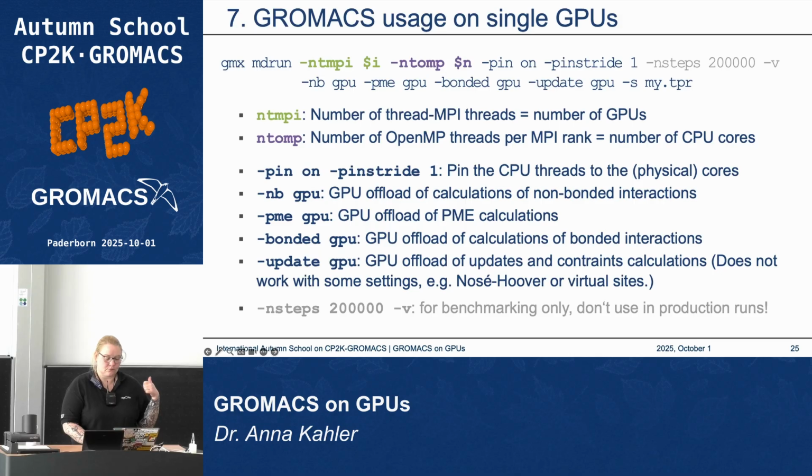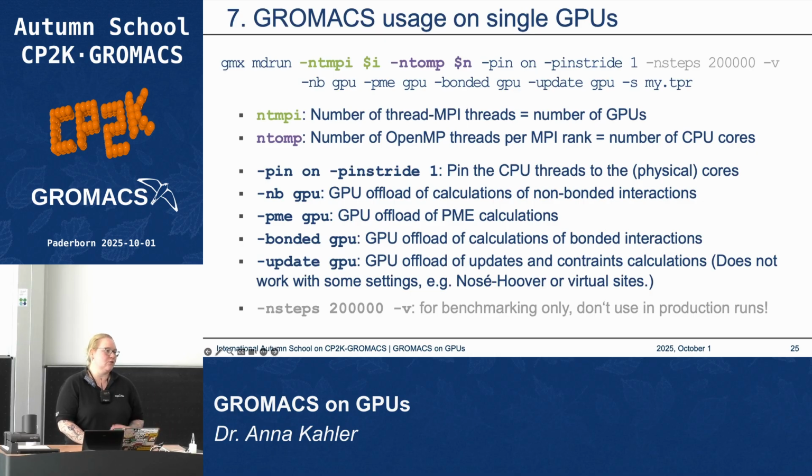For the benchmarks I showed you before, I set ntomp to 16, because for each GPU we have 16 host CPUs available, and we want to use each of these cores for our simulation.